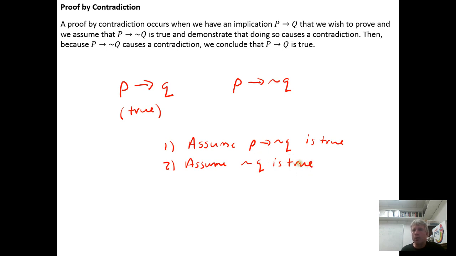And if not Q is true, the only way for P implies not Q to be true is for P to be true. So in step 3 we show not Q implies not P, which means P is false, and that's your contradiction.